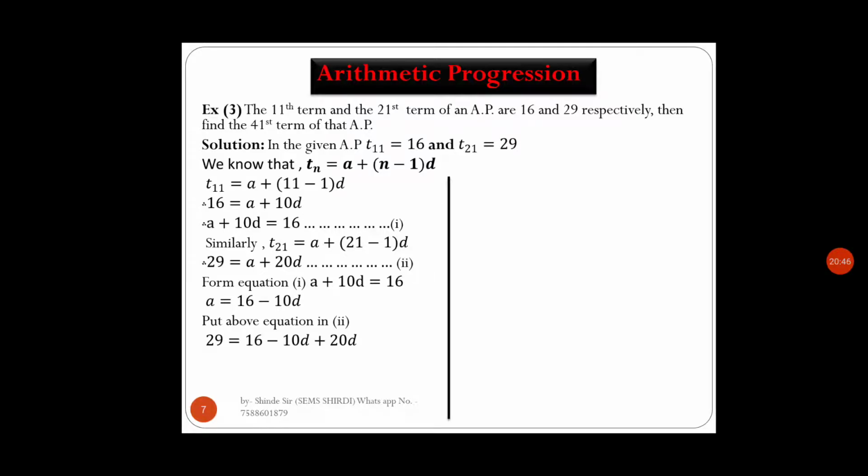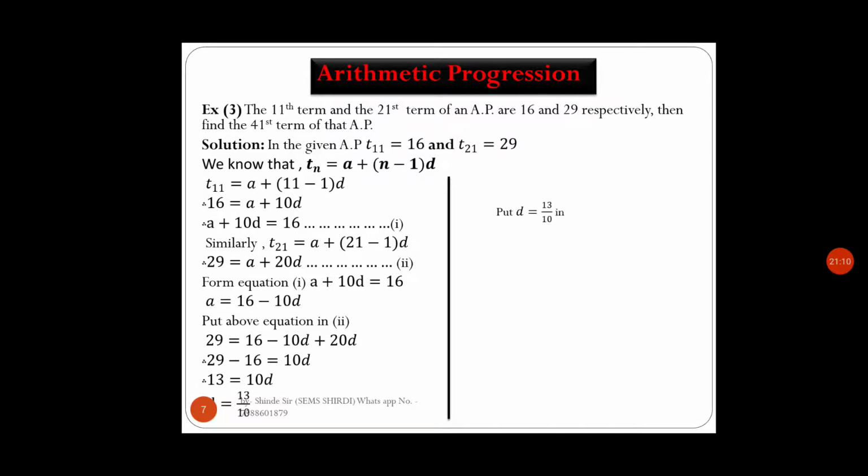Here minus 10d and plus 20d are like terms. So we get 29 minus 16 equal to 10d. Now 29 minus 16 is 13, equal to 10d. Therefore d is equal to 13 upon 10.